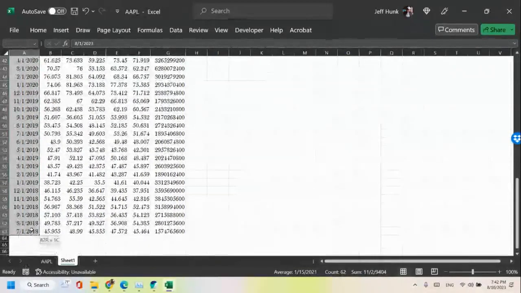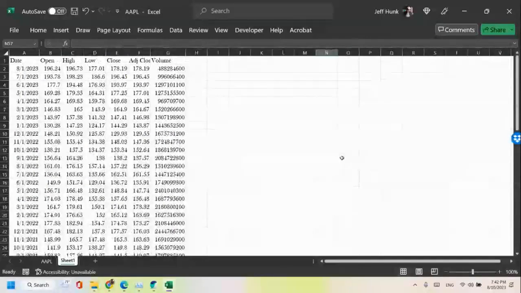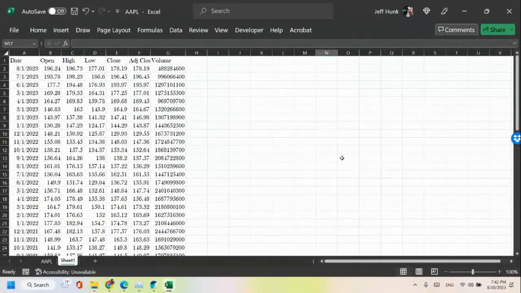So anyway, we would have 61, 62 data points. However, we just have two more extra data points. We need only 60, right? Because we're going to calculate return, so we need only 60.